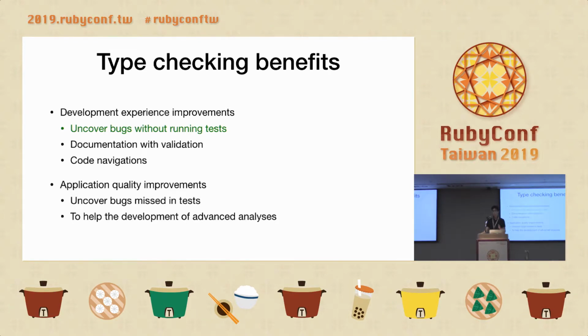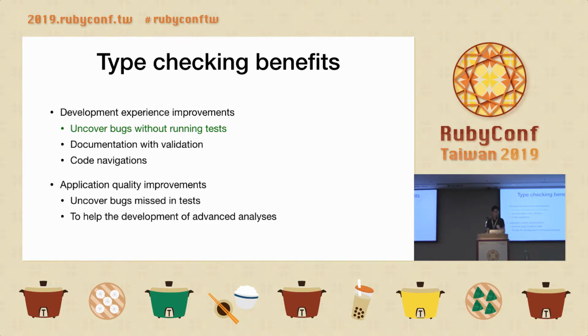The type checking also improves code navigation, like jump to definition or what is the type of this variable. So yeah, it will help improve the development experience. Another benefit is the quality of your application code. It might uncover some of the bugs you've missed in tests, or it will help the development of advanced analysis.